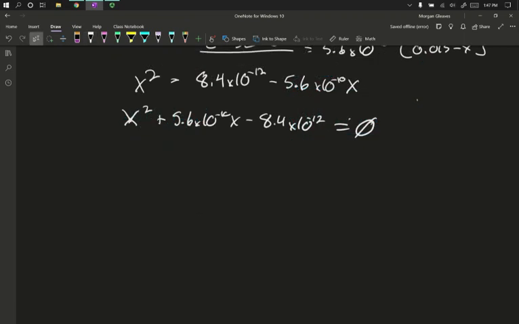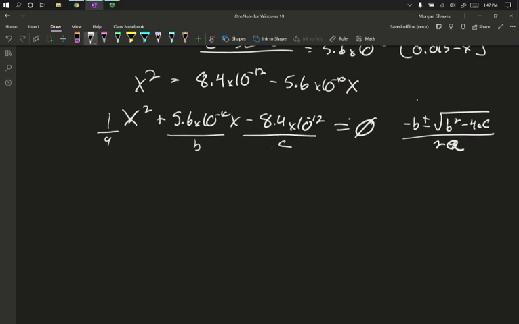This is the setup for the quadratic equation. x squared, x, and a constant equals 0. Remember, your quadratic equation is negative b plus or minus the square root of b squared minus 4ac all over 2a. This lets you solve the possible values for x, one from addition and one from subtraction. a is in front, it's 1. Here's our b, here's our c.